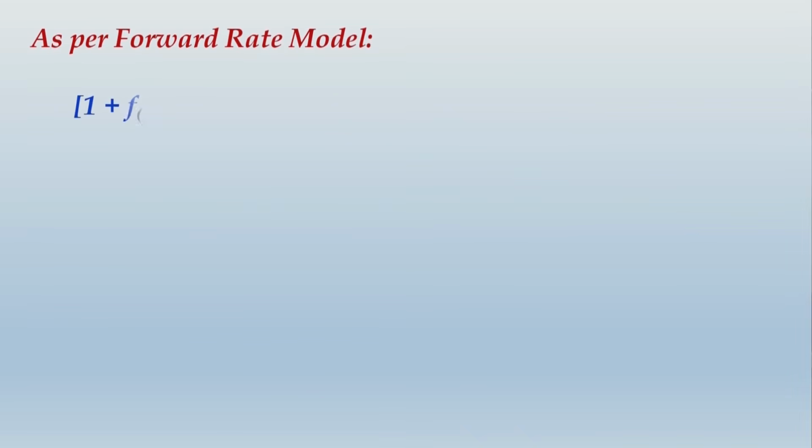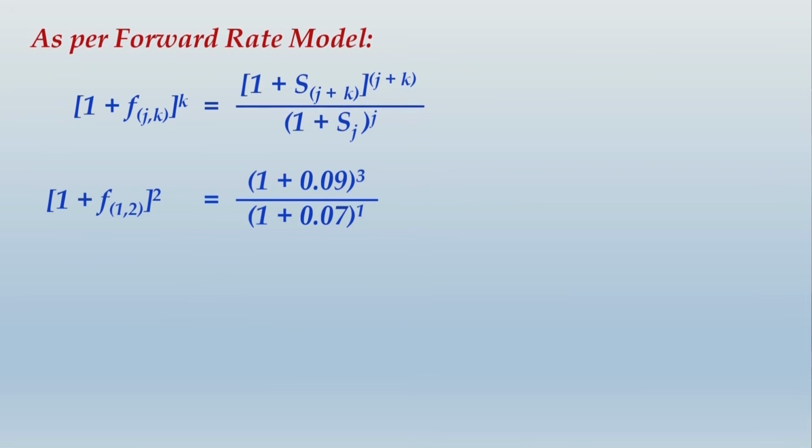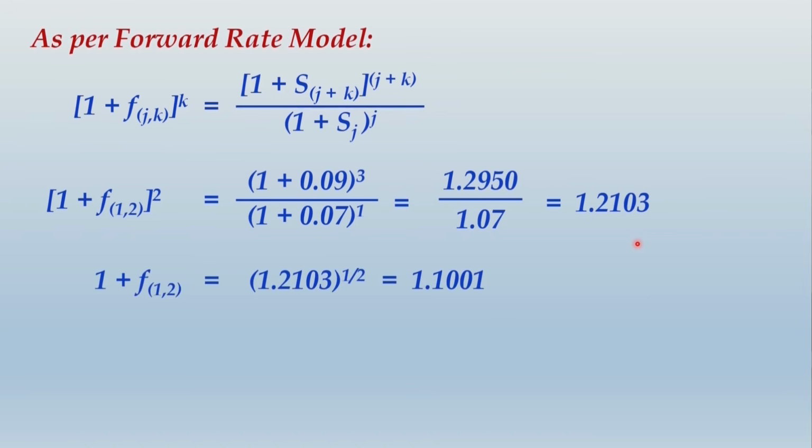So as per the forward rate model, this equation you don't have to as such write. You always have to take the bigger factor divided by the smaller factor, and when you get the resultant factor, it will be the factor applicable for 2 years because it was a 2-year loan starting in 1 year. So you need to take the square root of that to arrive at the implied factor for each year.